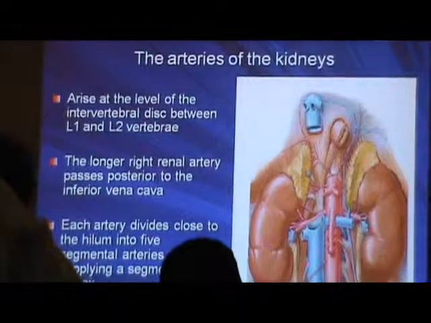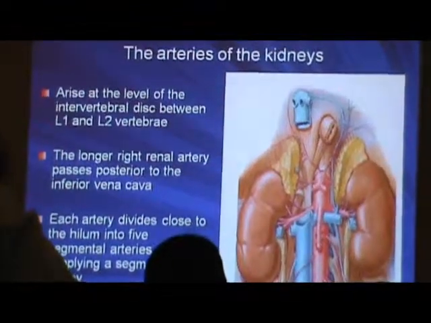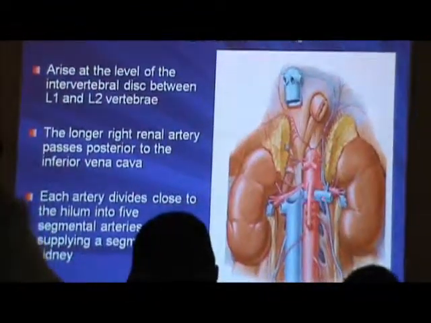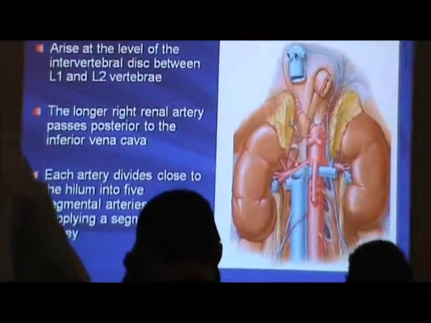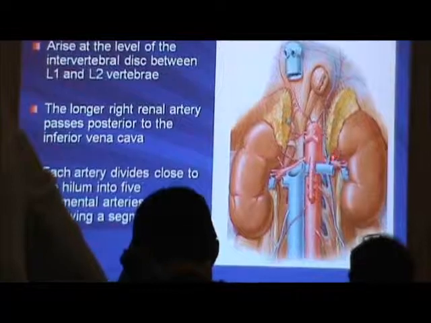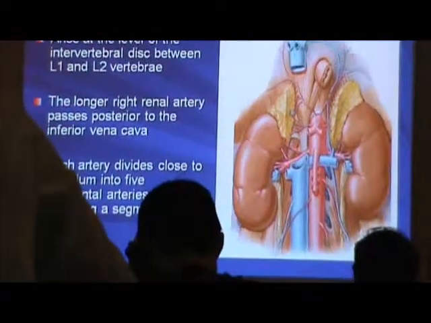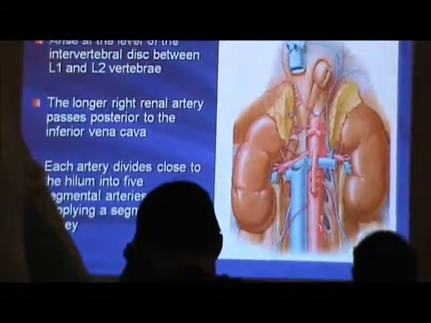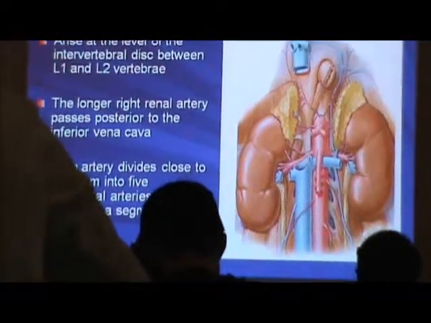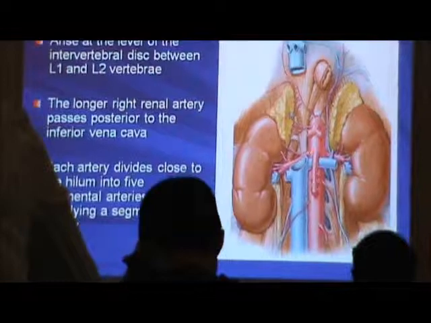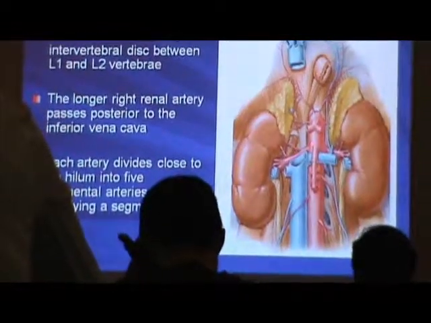Arteries of the kidneys arise at the level of the intervertebral disc between the L1 and L2 vertebrae. The longer right renal artery, because the abdominal aorta is slightly to the left, passes posterior to the inferior vena cava.